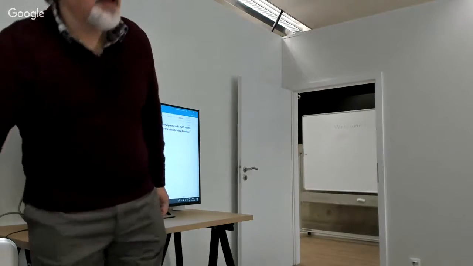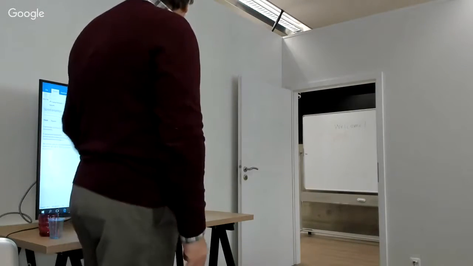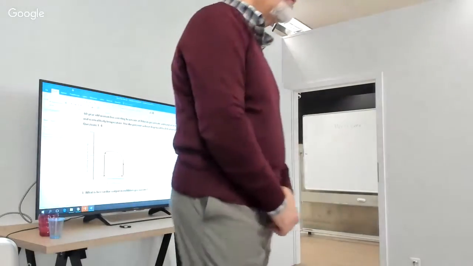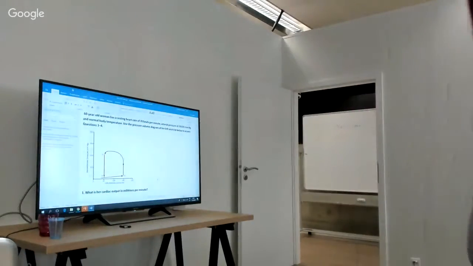Well, let's go. The next question is for Christina. A 6-year-old woman has a resting heart rate of 70 beats per minute, arterial pressure of 130/85 millimeters of mercury. 130, what is this?